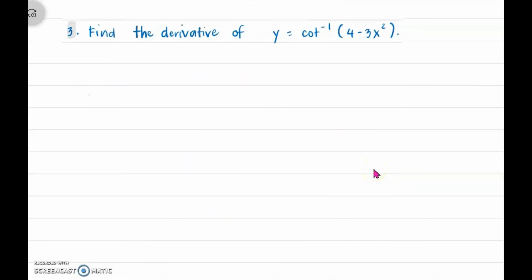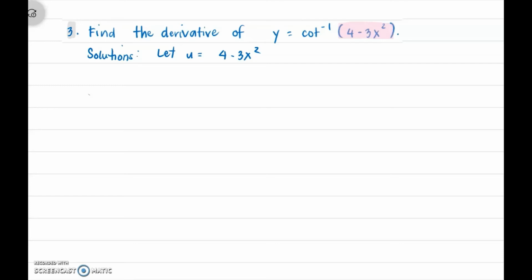Now let's have our third example. Find the derivative of y equals arc cotangent of 4 minus 3x squared. So first thing, let's identify our u. So let our u be our inside function, which is 4 minus 3x squared. So let u be equal to 4 minus 3x squared.